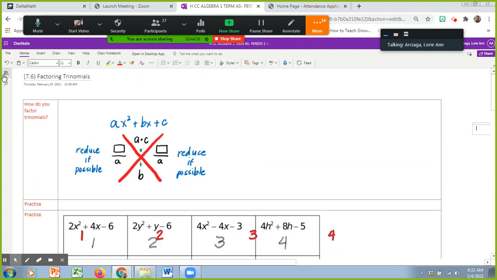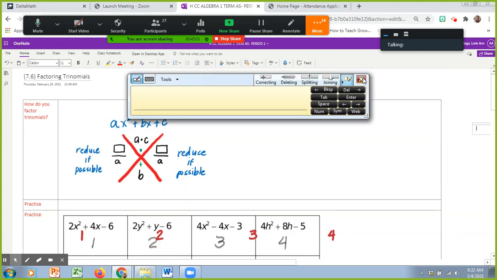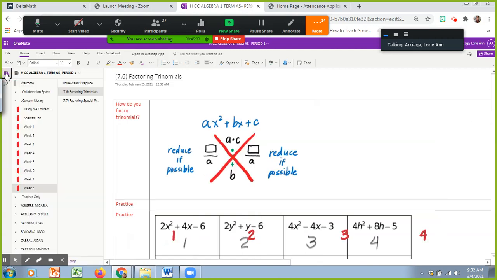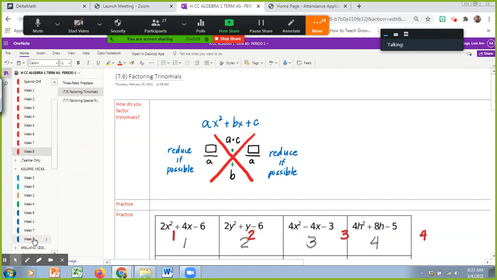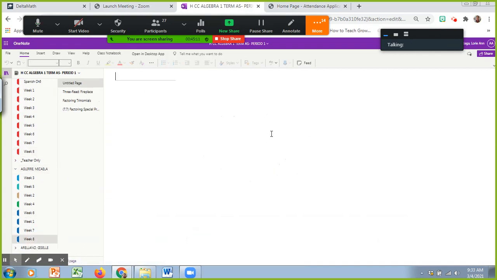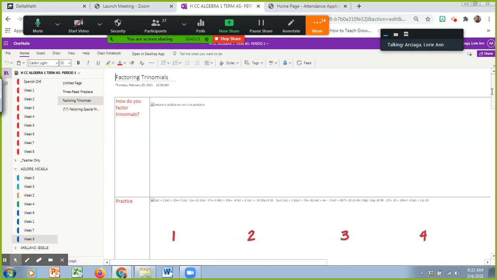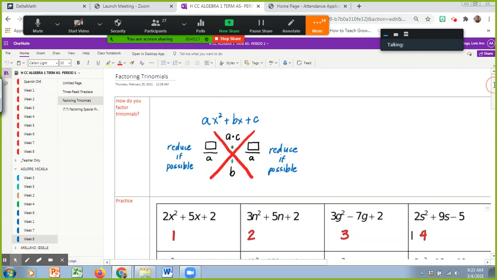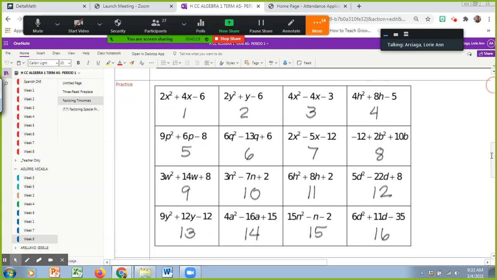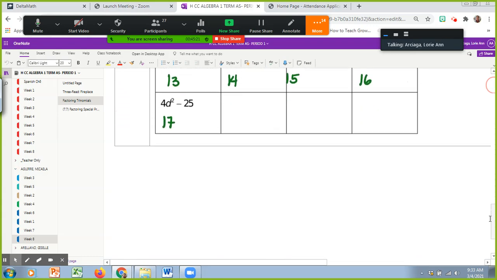Yes. Because she asked me how I'm using OneNote in class. I'm gonna borrow Michaela's week 8. Factoring trinomials. Yeah, so they are at the bottom portion of your OneNote. Okay, there you go. See that?